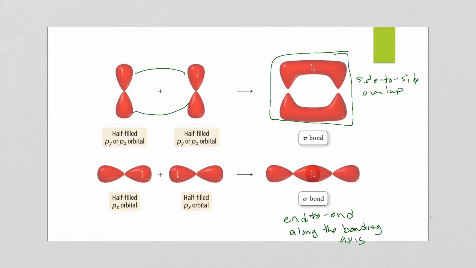And it's that side to side that we think about, and that's a pi bond. Okay, so we have sigma and pi bonds. And as we saw in the last one, a double bond is made up of a sigma and a pi.